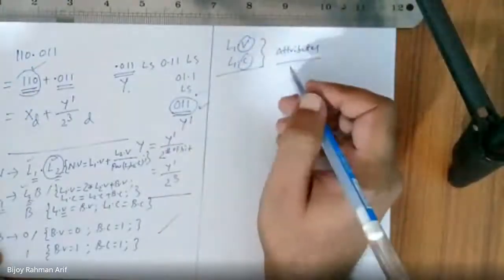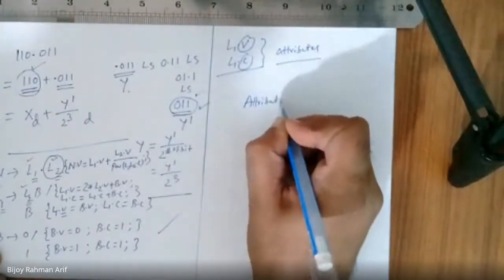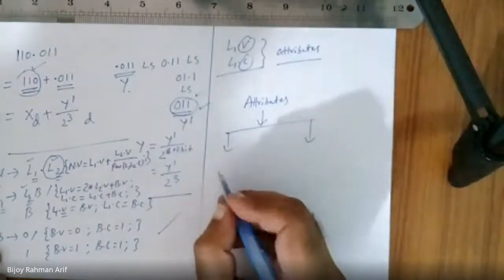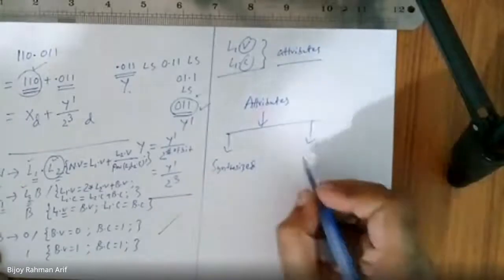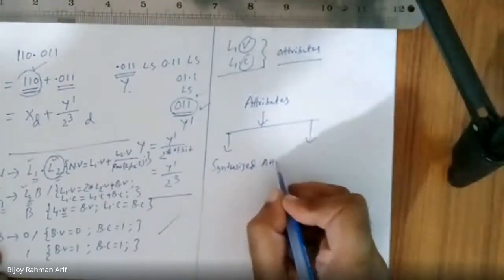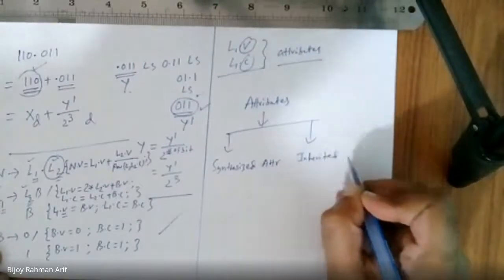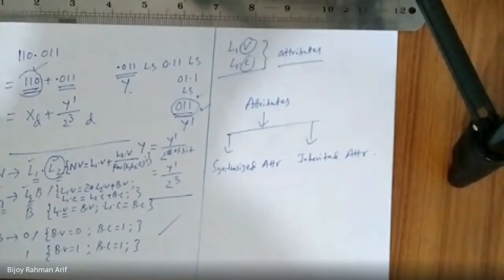Attributes are of two types. One is called synthesized attribute. Another one is called inherited attribute.